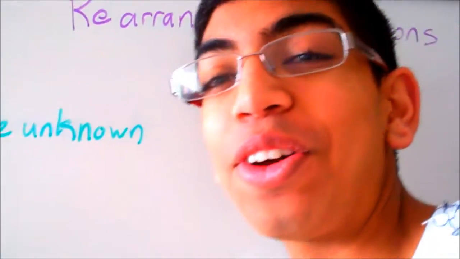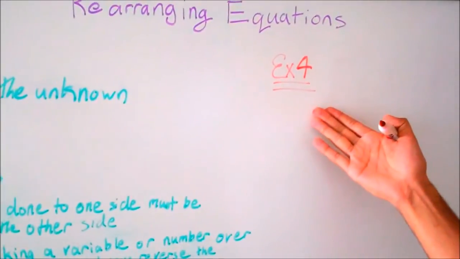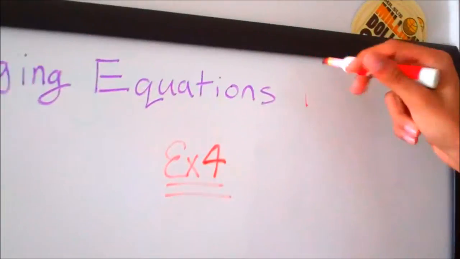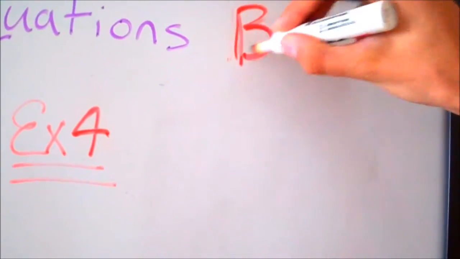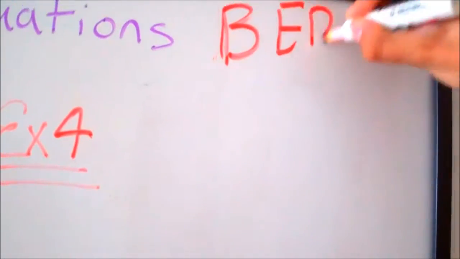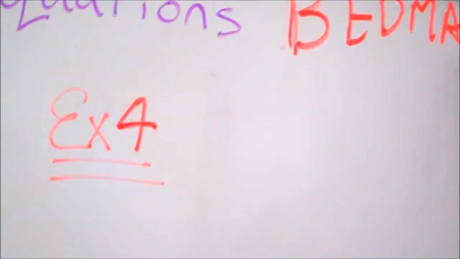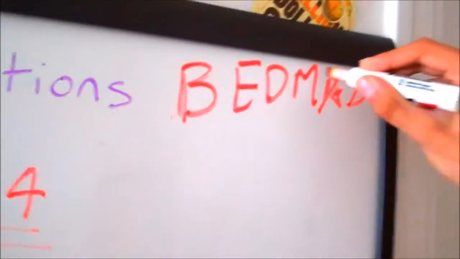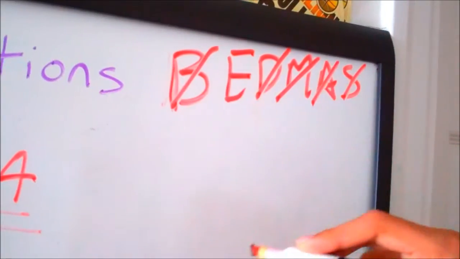Hello, and welcome to rearranging equations, example number 4. Now, out of all the possible functions that we could get for BEDMAS, we have done subtraction, addition, multiplication, division, and brackets.